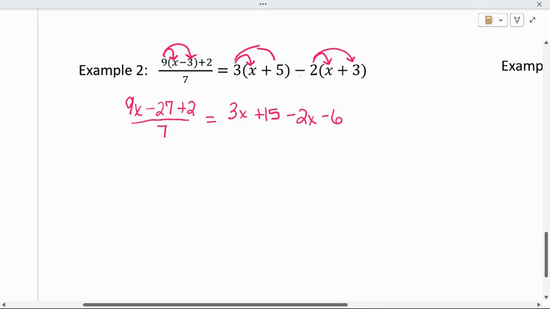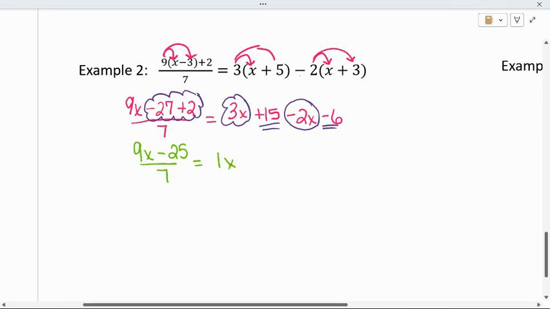I still want to follow that step that says combine like terms. So if you notice on the fraction, I still can combine those terms. And then I can group my x's together and my constants on the right. So the fraction piece is going to be 9x minus 25 over 7 equals 3 minus 2 is 1x. 15 minus 6 is plus 9.